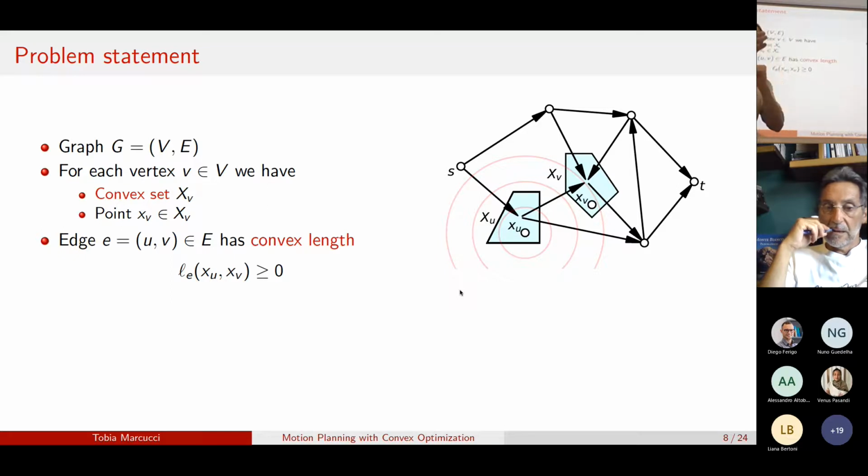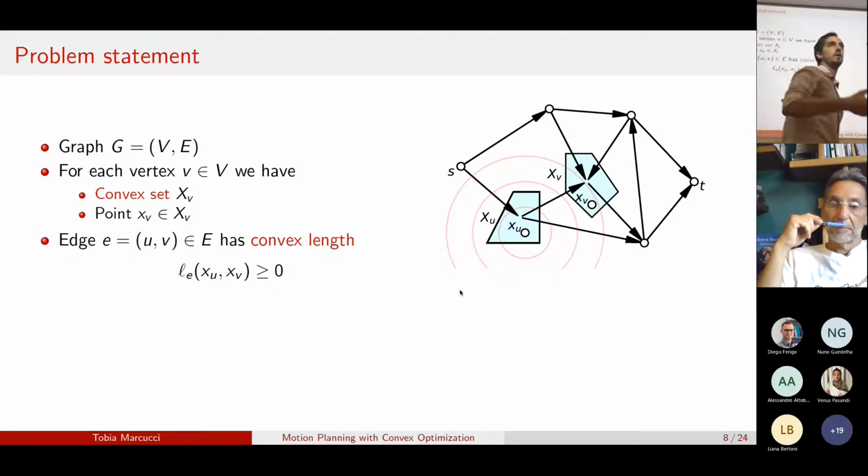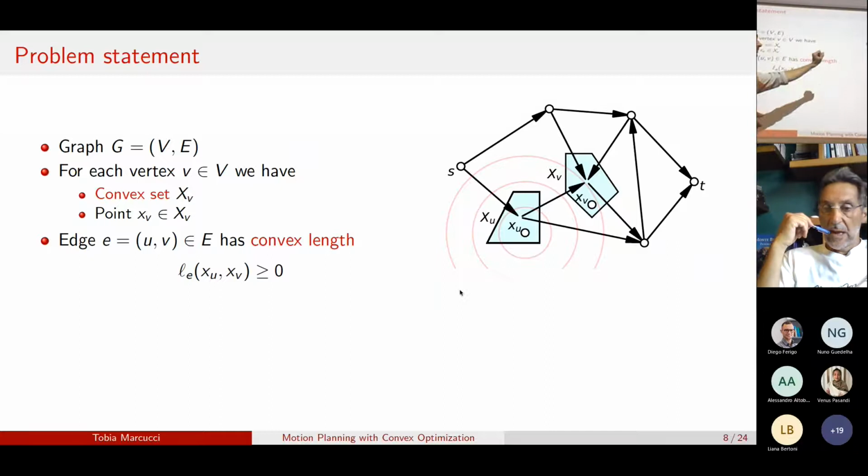Now it's not a constant anymore, it's a convex function, in particular, of the 2 points that the edge connects. So for example, the length of the edge that goes from the vertex U to the vertex V is a convex function of the position of vertex U and the position of vertex V. And we assume this function to be non-negative.